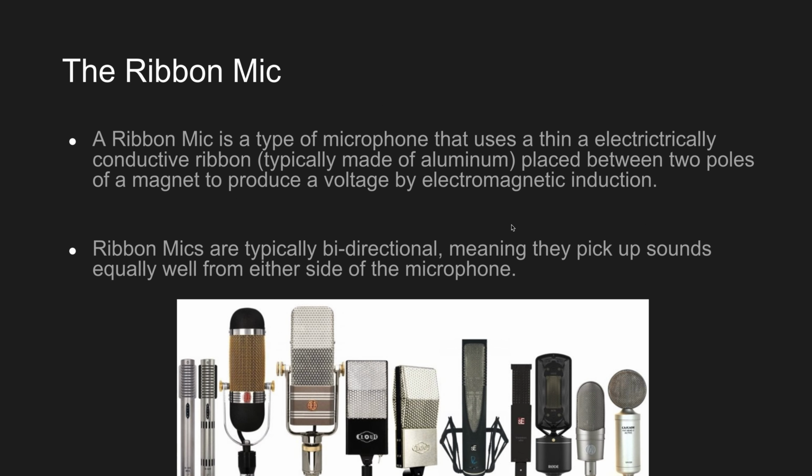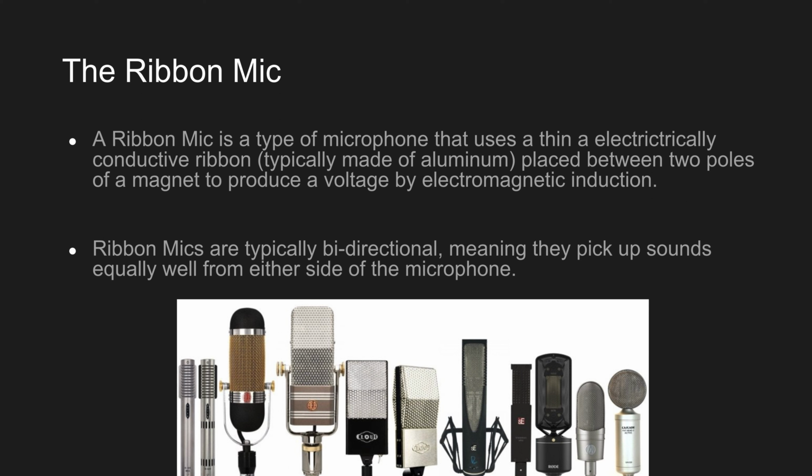The next type of microphone is a ribbon mic. This microphone uses a thin electrically conductive ribbon, typically made of aluminum, placed between two poles of a magnet to produce a voltage by electromagnetic induction.